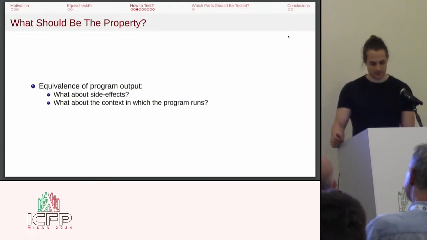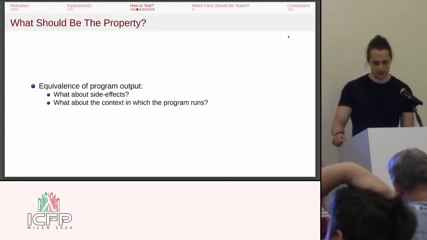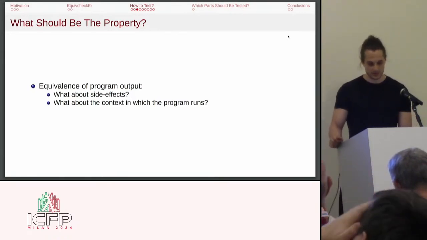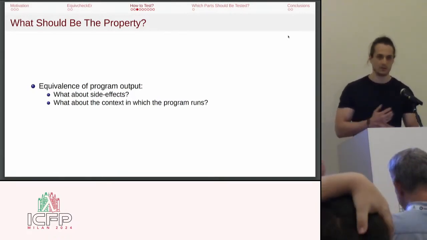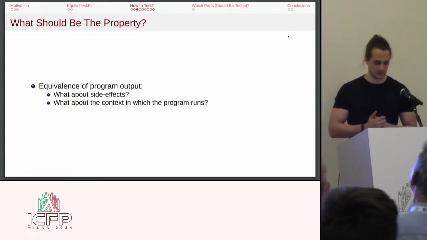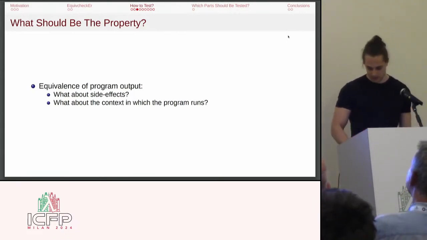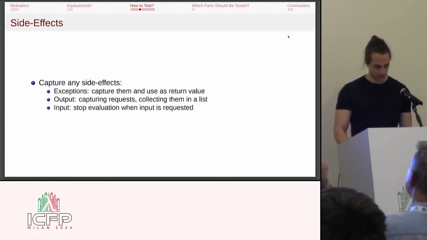And it also doesn't count for the fact that functions usually expect some kind of context or environment that they want to run in. And if we don't somehow simulate this context, then we will just get a bunch of runtime errors, and that will tell us nothing about the correctness of the refactoring.